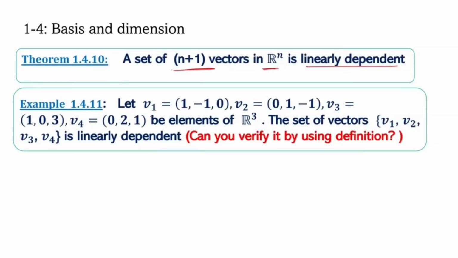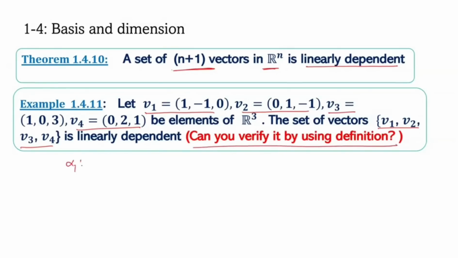So from this theorem, we can easily say that if we consider a set of these vectors V1, V2, V3, and V4, since there are 4 vectors but they belong to R3, it is linearly dependent. And you can show that by using the definition.